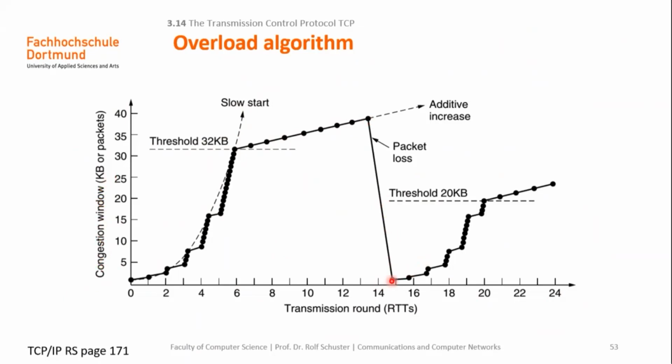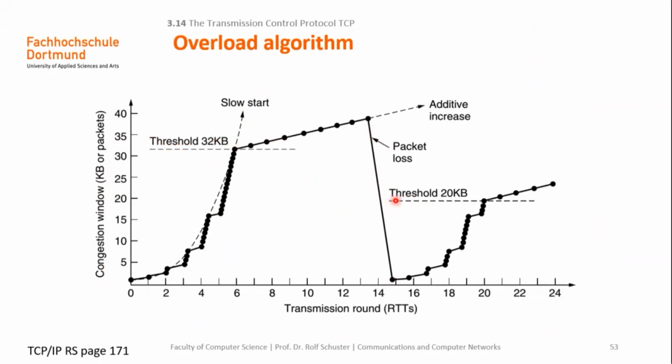Remember, to 1 MSS, and this slow start threshold is set to half of the congestion window when the congestion was detected.